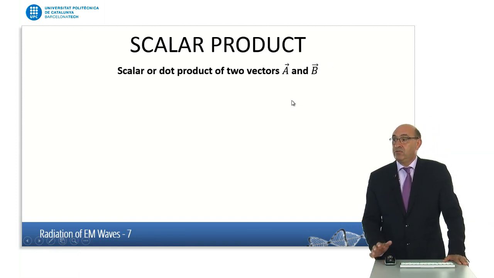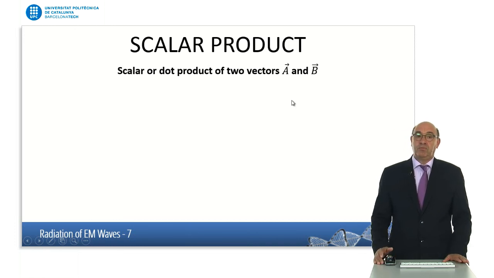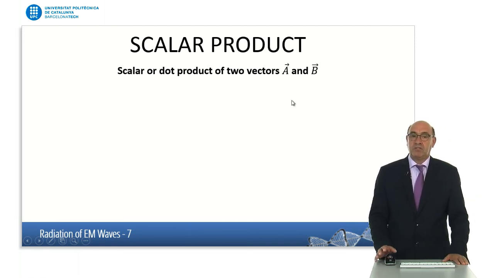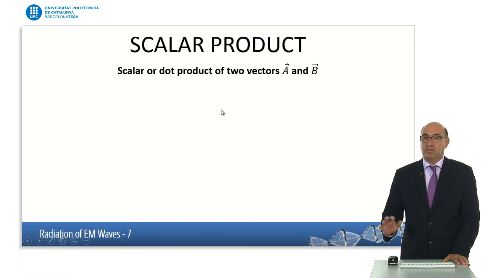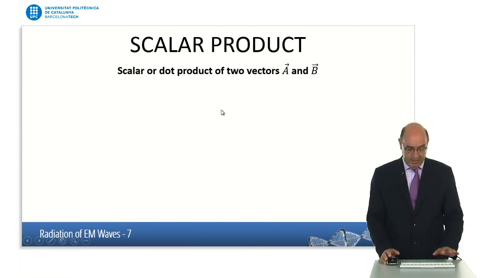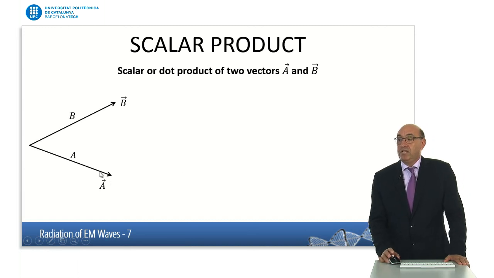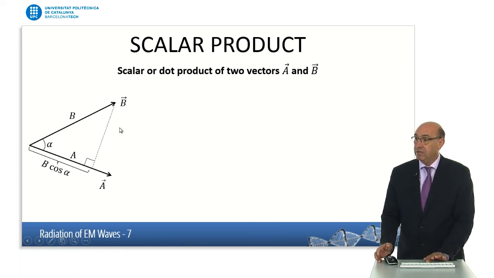Now, with the vectors, we can do different operations. The simplest one is just a scalar product. This is sometimes also called a dot product because of the way we represent it. In the case we have here, we just represent two vectors, A and B, with magnitudes A and B, and they form a certain angle. Two vectors always define a plane. They are on a plane.